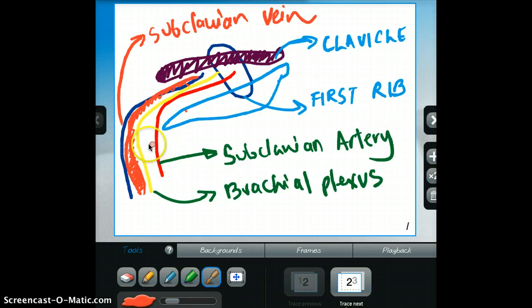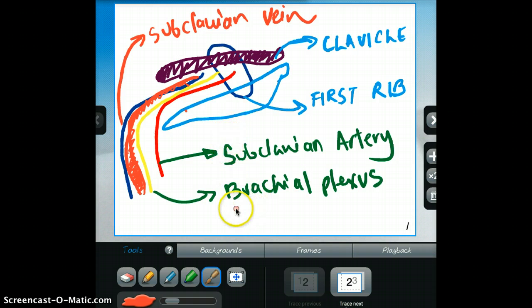So when there is entrapment of the thoracic outlet, only the brachial plexus and the subclavian artery are being compressed. Usually the subclavian vein is not being compressed with the entrapment of the thoracic outlet, giving us the symptoms of thoracic outlet syndrome.